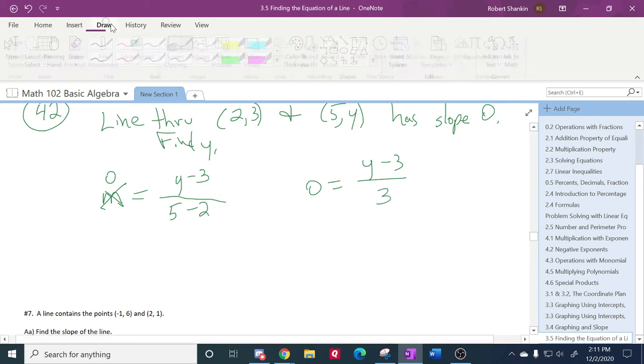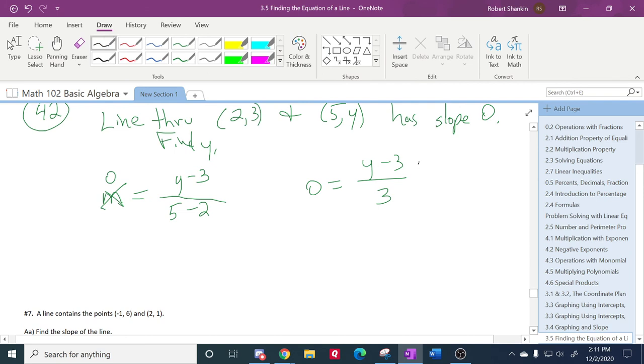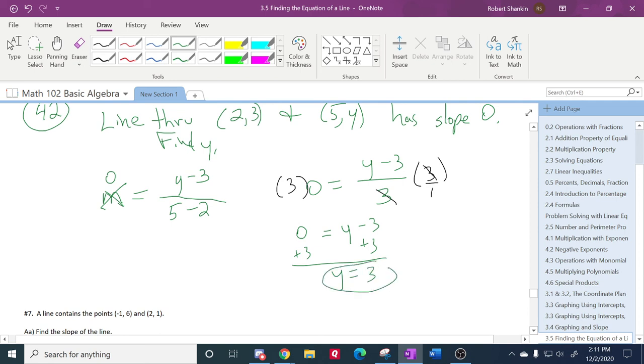And then what I'm going to do is multiply both sides by 3. So these cancel. I got 3 times 0 is 0. Add 3. And y is equal to 3. And that's all they asked us to do, is find y.